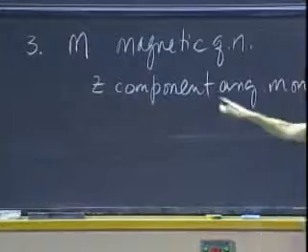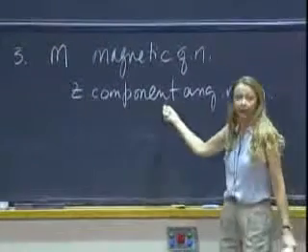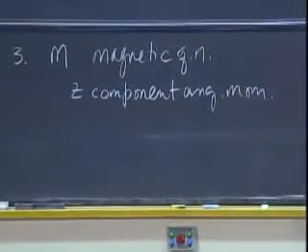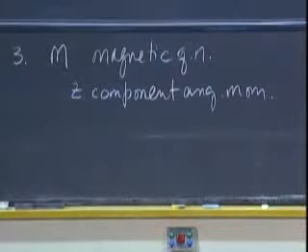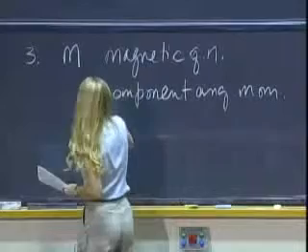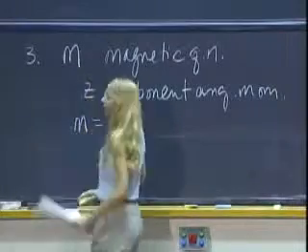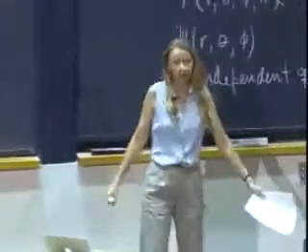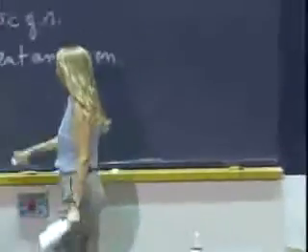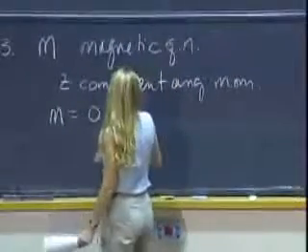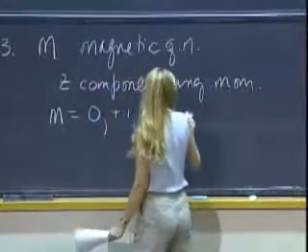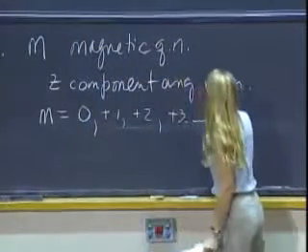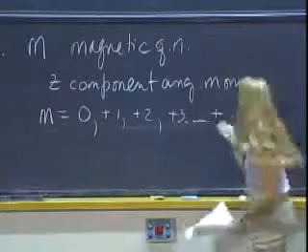L is the total angular momentum. m dictates the z component of the angular momentum. And the allowed values of m are m equals 0, meaning you have no angular momentum in the z component, or plus 1, plus 2, plus 3, all the way up to plus L.